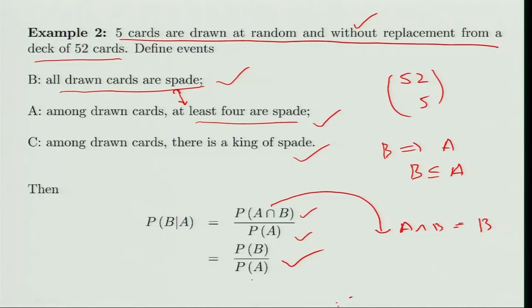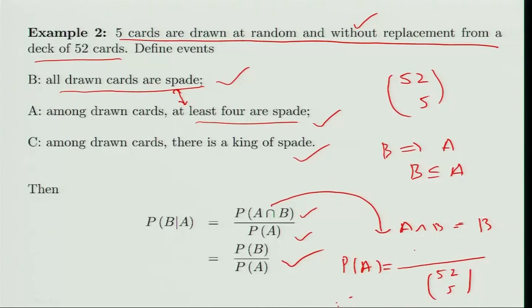So let us look at what is the probability of A. Probability of A: total number of possible cases is 52 choose 5. Cases favorable to A: among drawn cards at least 4 are spade. At least 4 are spade means exactly 4 are spade or 5 are spade.